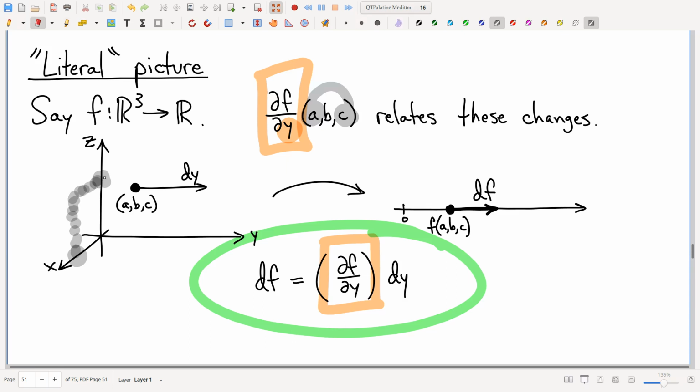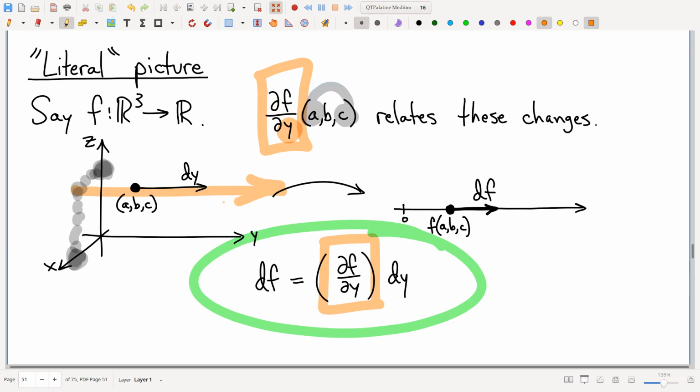Here, let me cheat and do it like this. So x is not allowed to change from that value a, z is not allowed to change from that value c, and that means that I'm moving in the y direction.